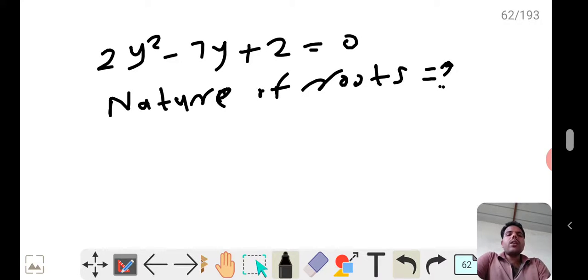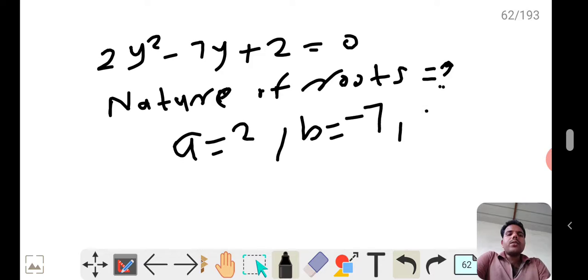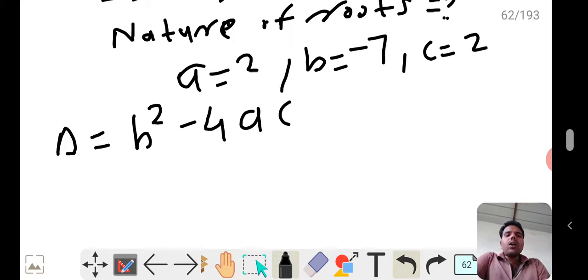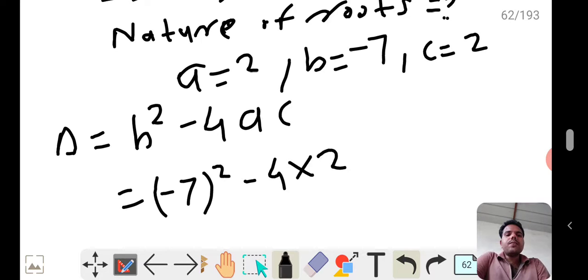So here a is equal to 2, b is equal to minus 7, c is equal to 2. First find out the value of delta is equal to b square minus 4ac.